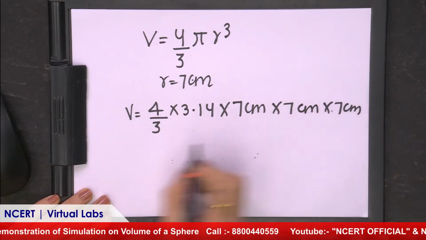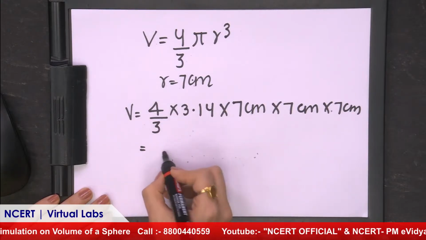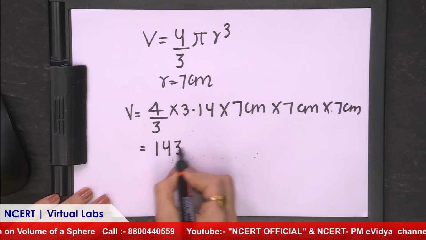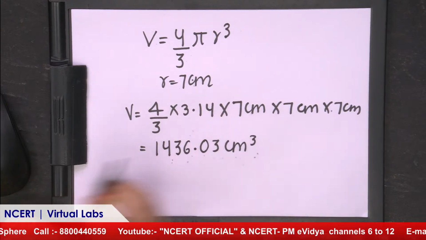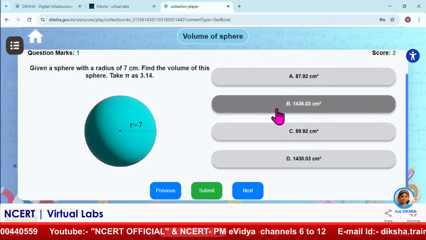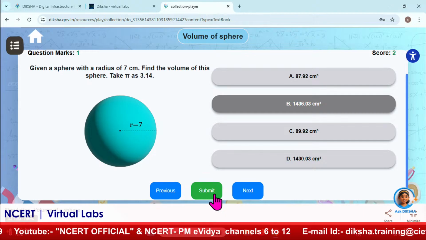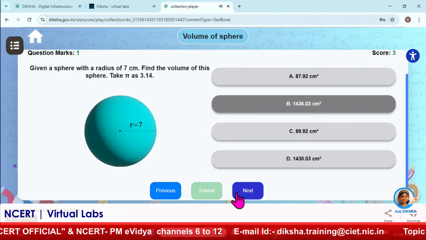Either you write 22 by 7 or you write 3.14. When we calculate this, the value will come as this figure, and then we click on option B, then click on the submit button, and your answer is correct.